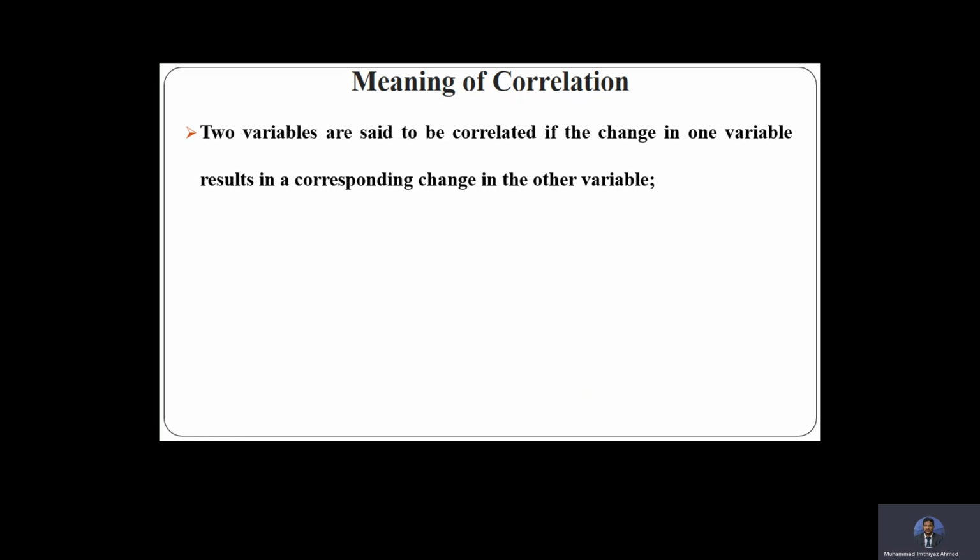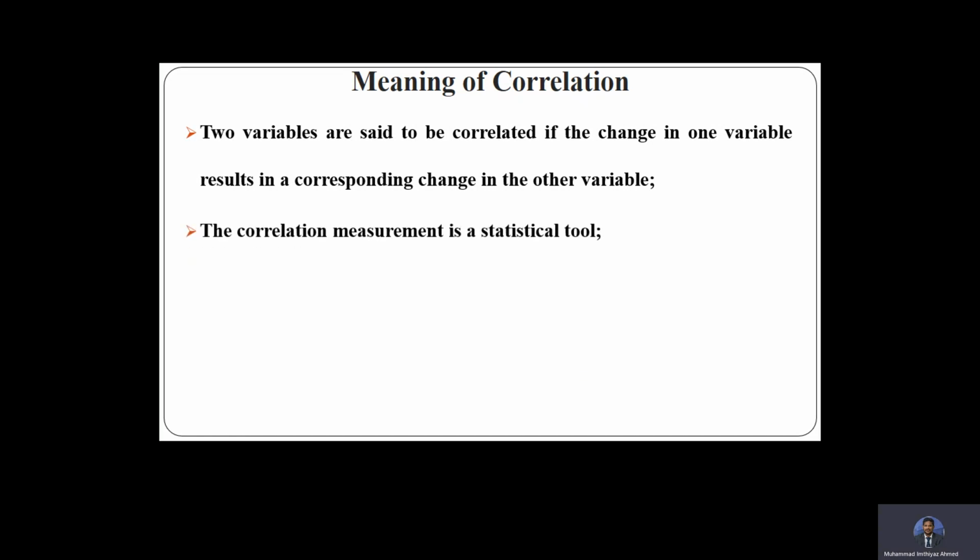Two variables are said to be correlated when a change in one results in a corresponding change in another. That's the example I gave you: study more, grade more. Study less, grade less. It means to get a grade, you need to understand properly and study. If you understand well, your grade will be good. If you don't understand, then you cannot score.